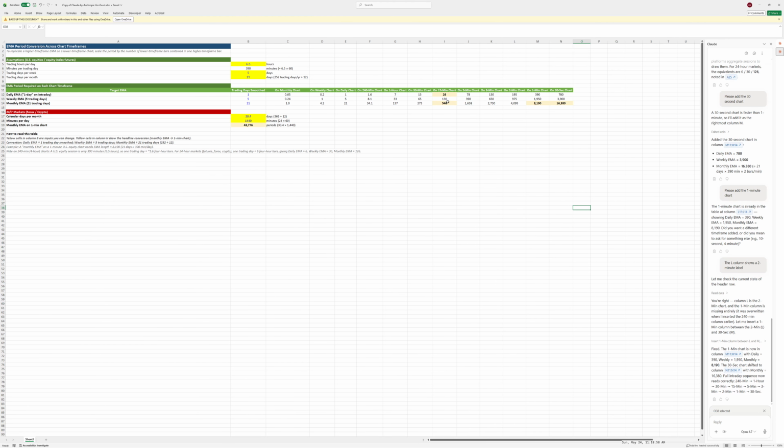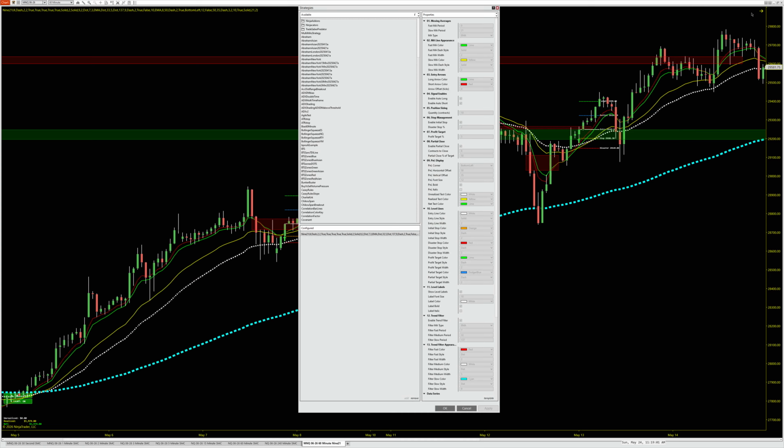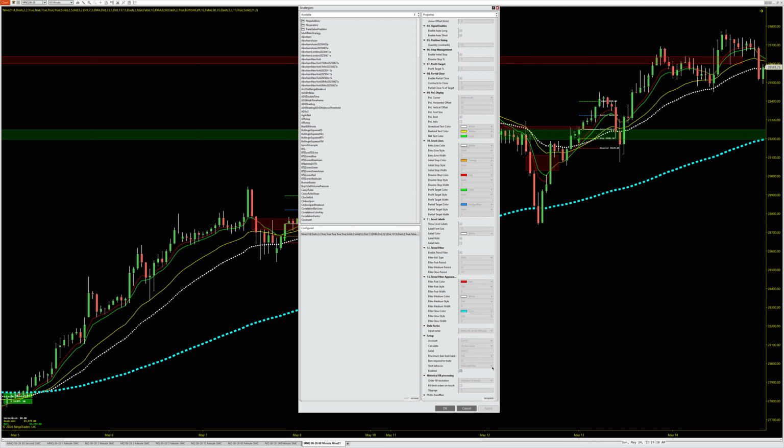So if I put these numbers into this space right here, that's going to give me the trend filter that you see with the red, white, and blue dashed lines there. It's going to reduce the number of trades you take, but I really find that it reveals the bias in a very helpful, accurate way.